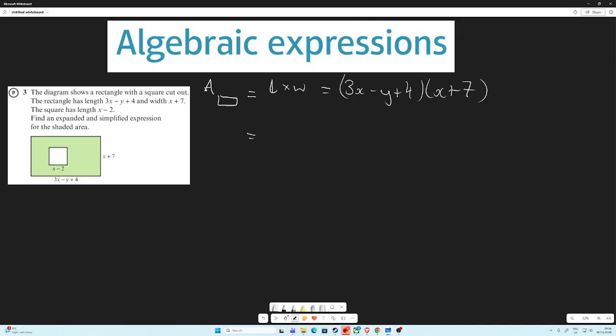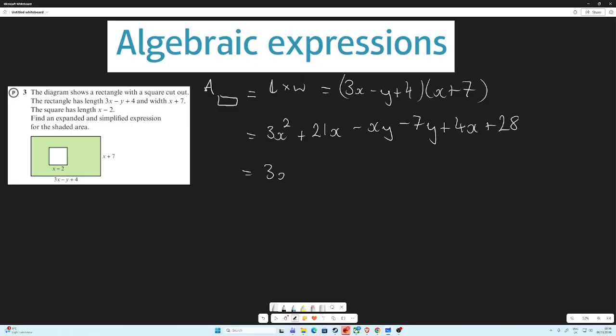So that is 3x squared plus 21x minus xy minus 7y plus 4x plus 28. Let's simplify what we can.